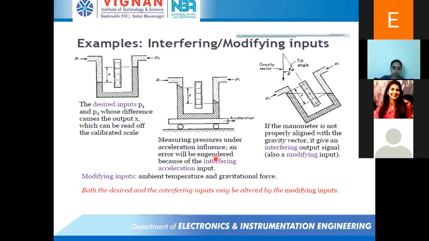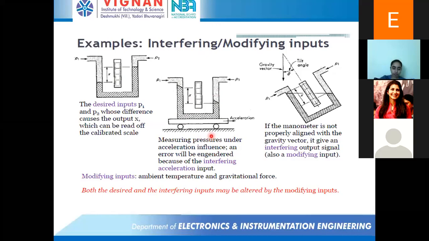So now we go for once again a definition. If the instrument is unintentionally sensitive, that input is called an interfering input. This instrument is not designed for acceleration measurement, but unintentionally it is responding to the acceleration.